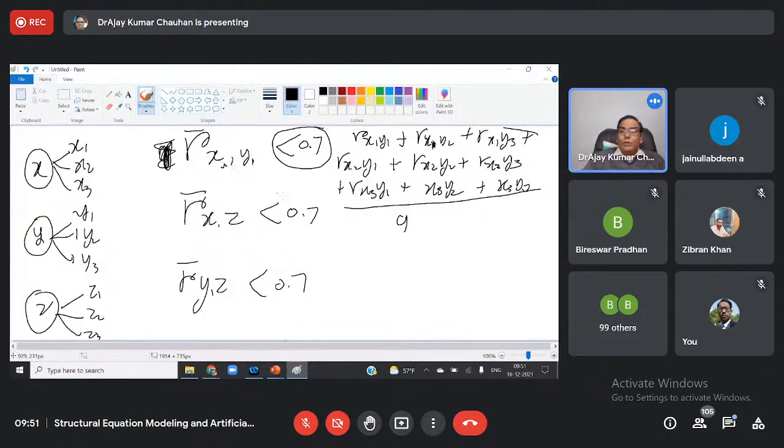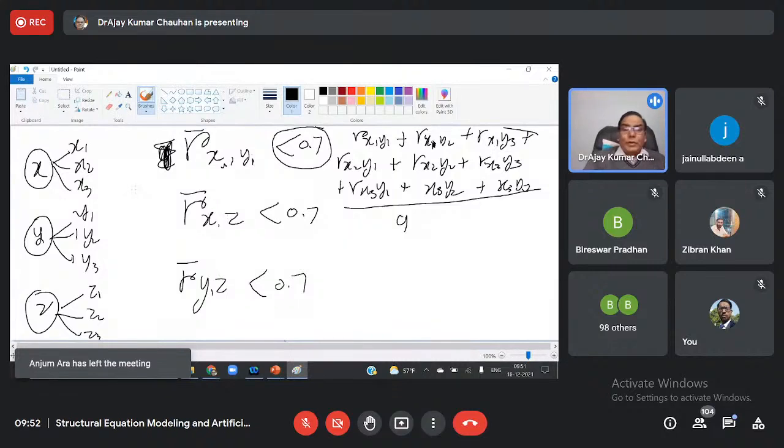Normally we don't calculate it, but conceptually, the items of any one construct should not be correlated with any other. In this particular case, we have three cases: number one, number two, number three.